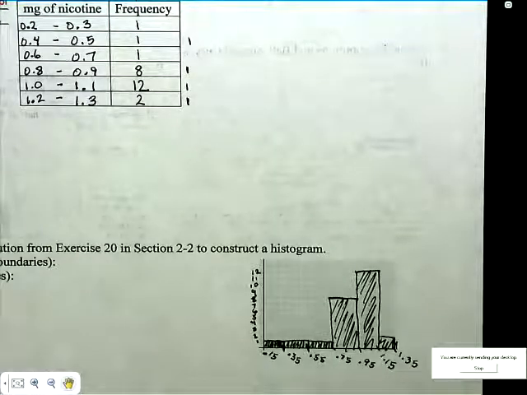But at least of those 25, certainly the vast majority of them had, like we said up here, 0.8 or more milligrams of nicotine. And nicotine is what you get addicted to. I don't think you get addicted to the tar or the carbon dioxide, but the nicotine is what's very, very addictive.